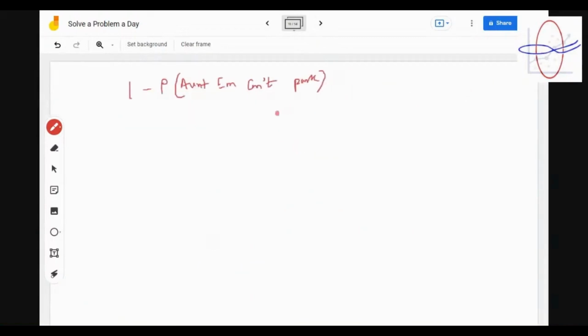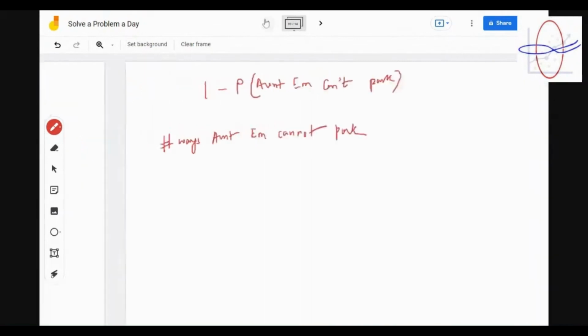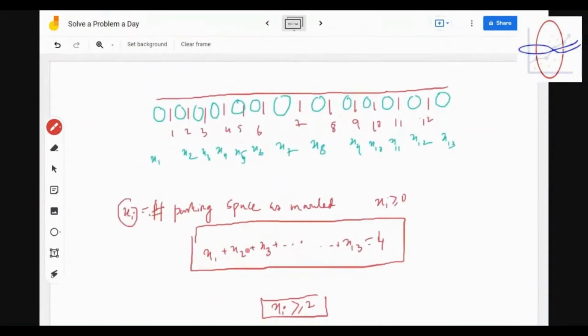Let's count the number of ways Aunt M cannot park. That is the number of ways the xi sum to 4 and all of them are 0 or 1.